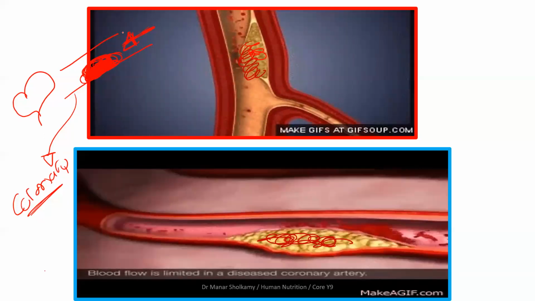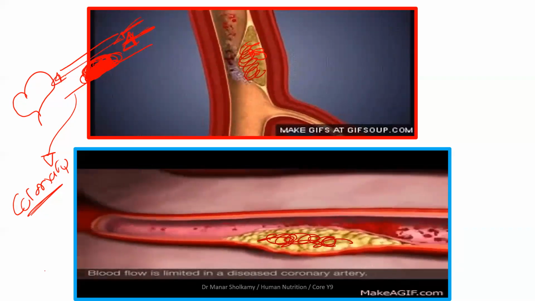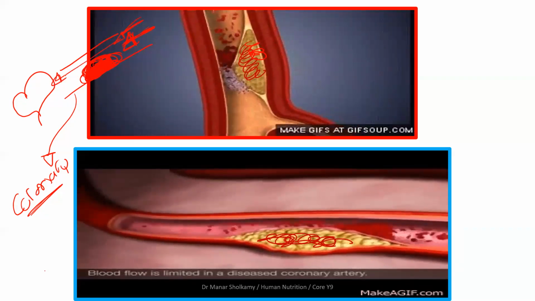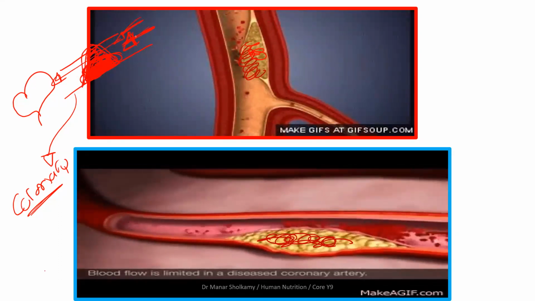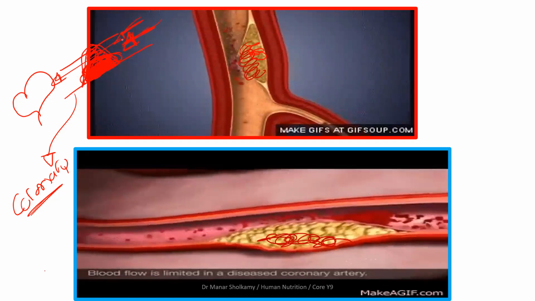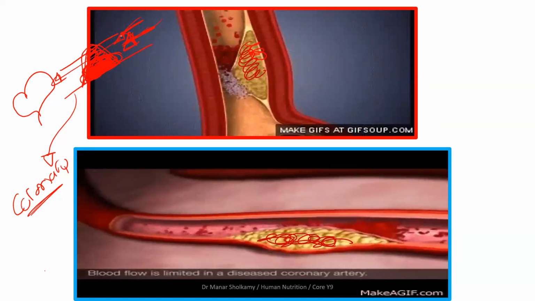At the beginning, less blood will reach the heart. And with time, if you ignore the symptoms and you keep on eating McDonald's, the fat will completely block the coronary arteries until no blood will be able to reach the heart. Now, what do you think this will do to the heart?